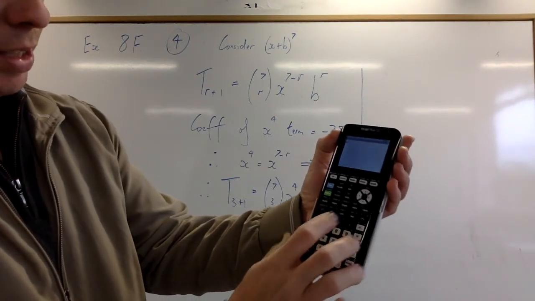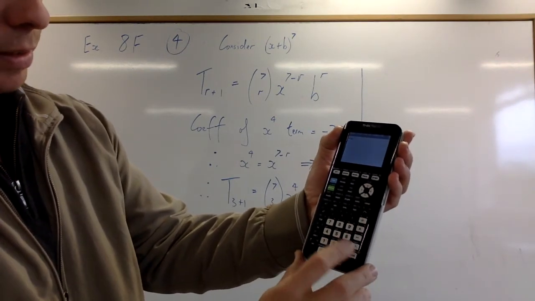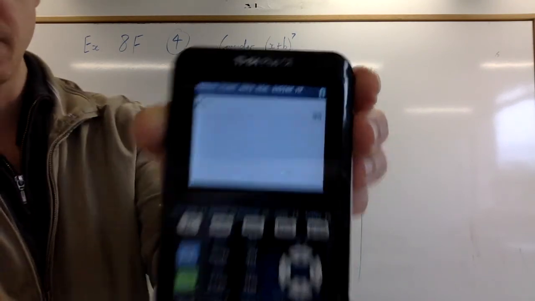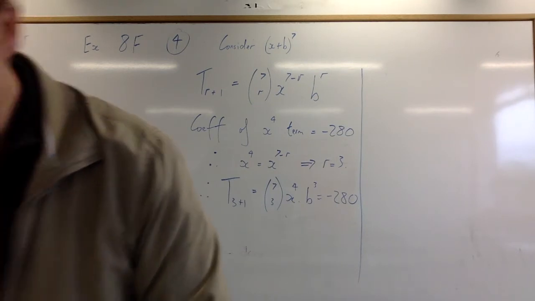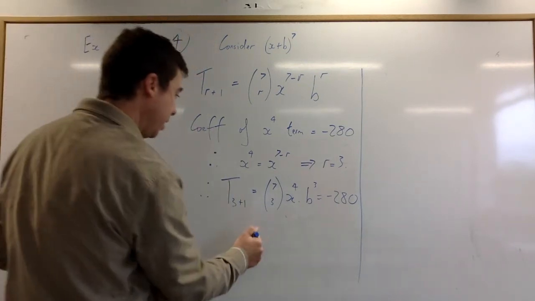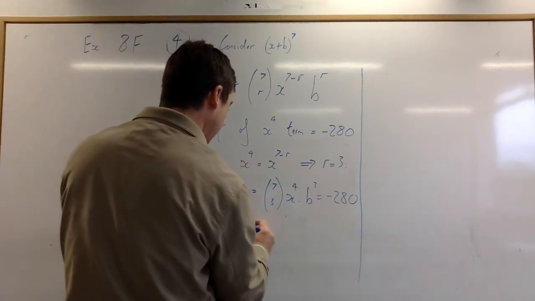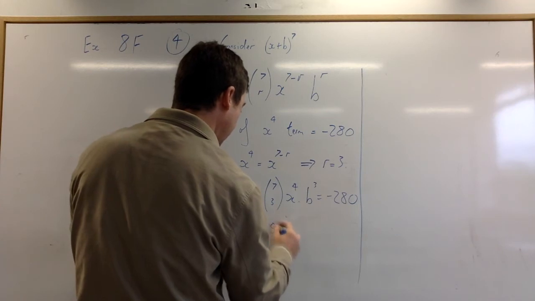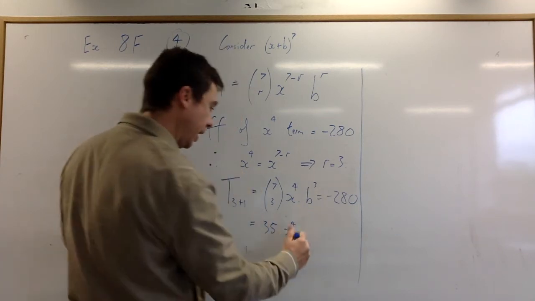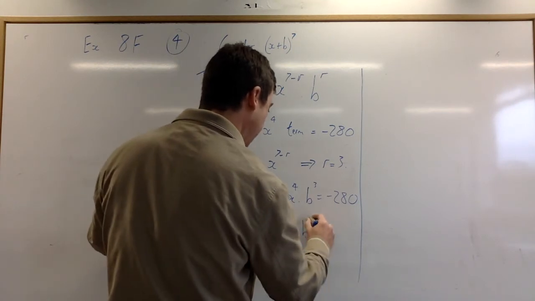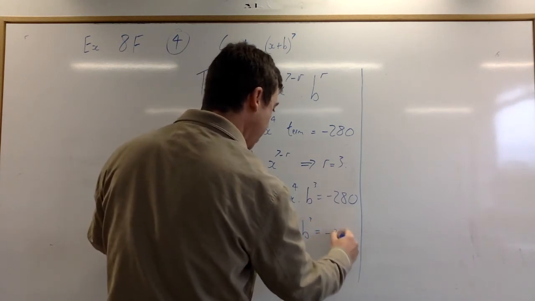And I had 7 choose 3, which was 35. If you can hopefully see that. So this number here is 35. Right, let's write that in. 35 times x to the 4, which I don't really care about. I just need to find b, times b cubed equals minus 280.